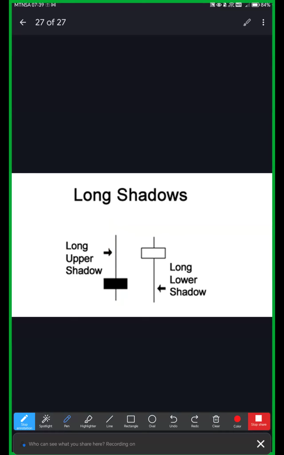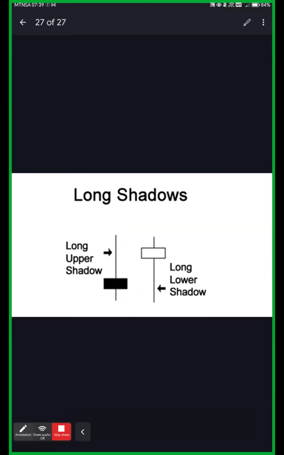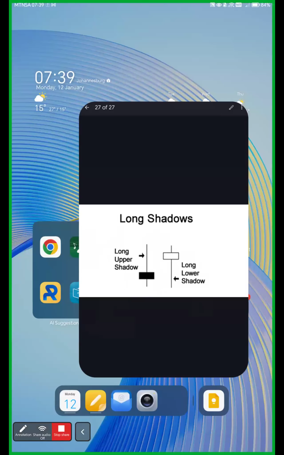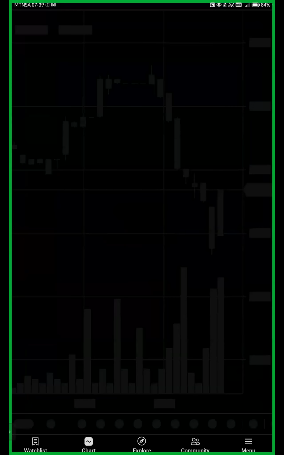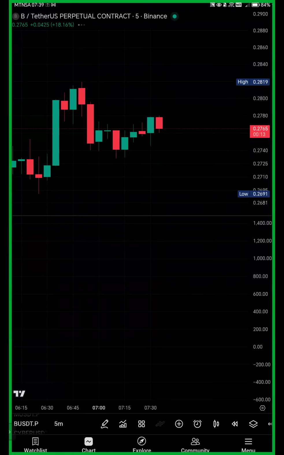What do I mean buyers flexed their muscle? Okay, this candle here, the price opened here. Let me go to TradingView. Maybe it's going to paint a very good picture. Let me go to TradingView as I'm winding up on shadows. Please pay attention. Sometimes last minute is dangerous.